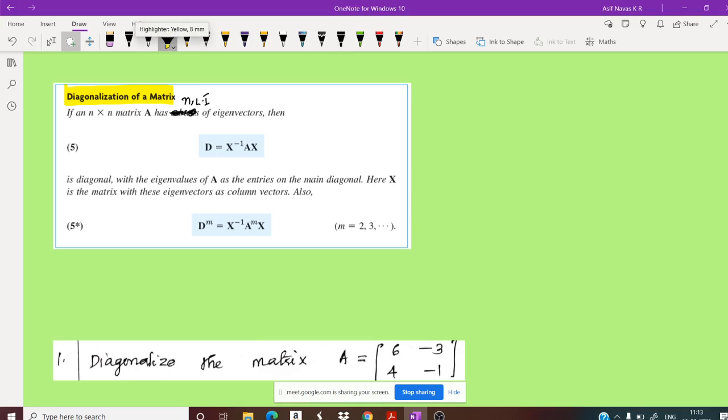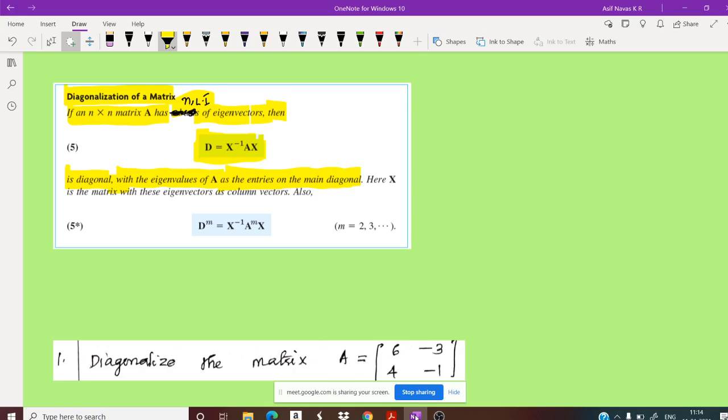If an n by n matrix A has n linearly independent eigenvectors, then D is equal to X inverse AX is a diagonal matrix with the eigenvalues of A as the entries on the main diagonal.